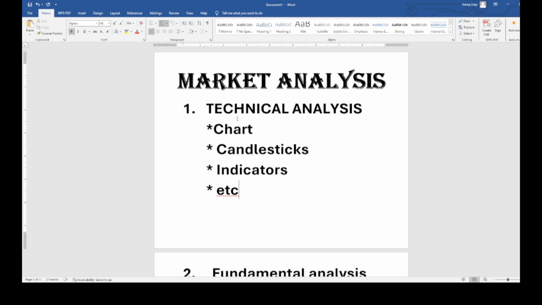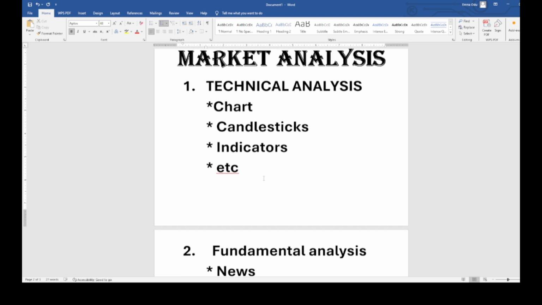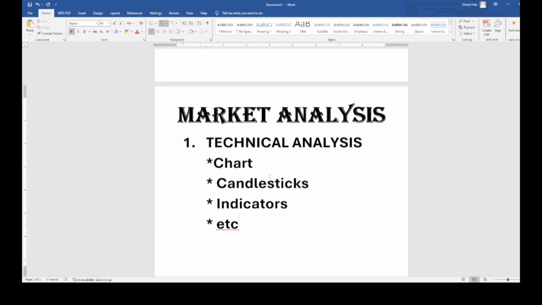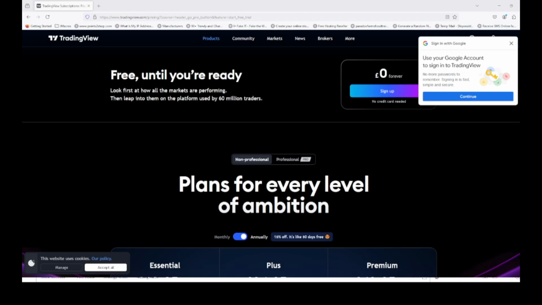So when you are analyzing the market, like I said earlier on, you don't predict the market. You follow the trend of the market.